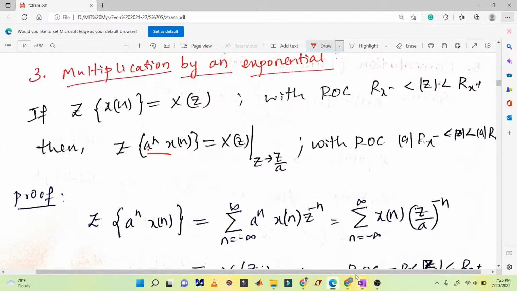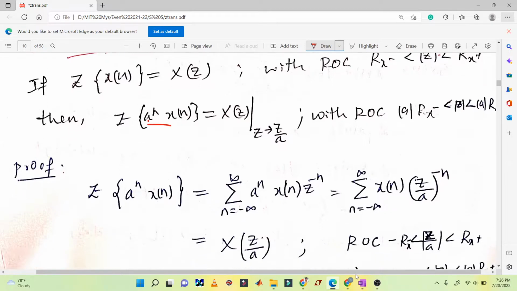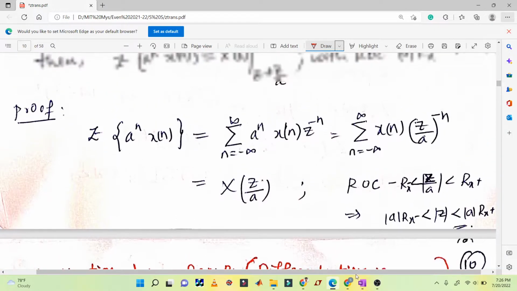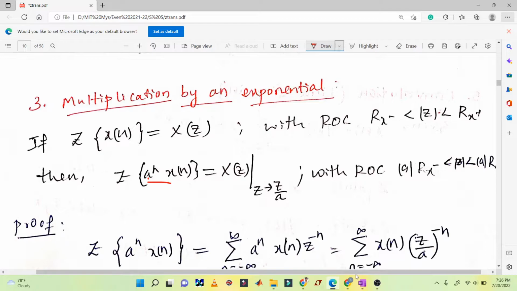And what about the ROC? The ROC is also reversed here. Instead of Rx minus to Rx plus, it will be multiplied by a into Rx minus to Rx plus.